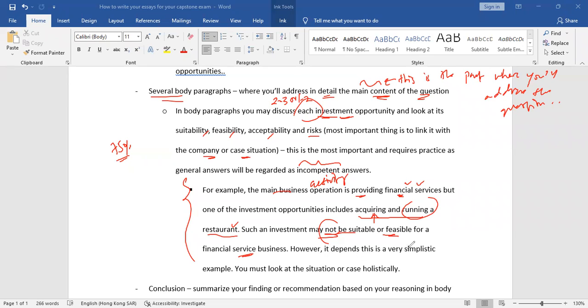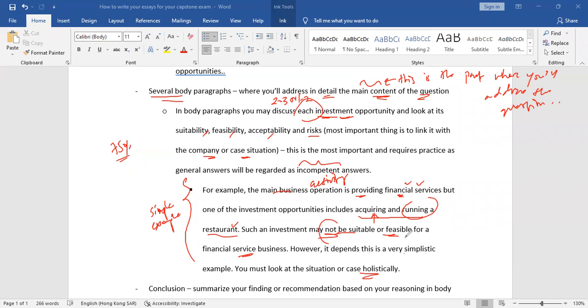However, it depends. You have to look holistically at the whole situation in the case study. This is just a very simple example, for example purposes.